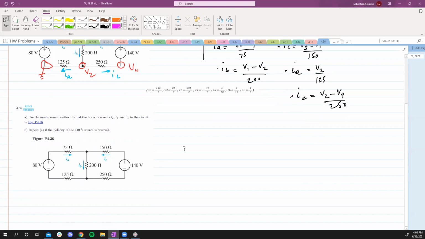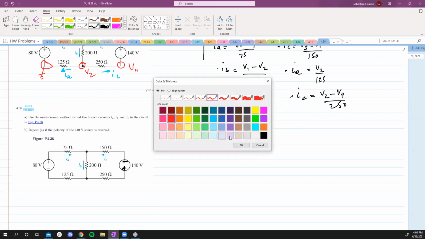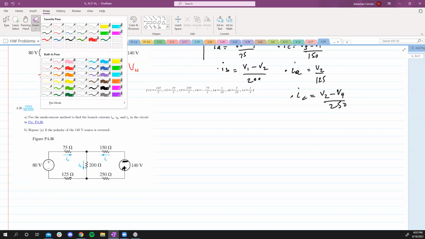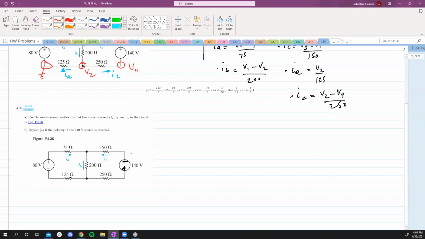Now I'm going to just draw over this. I'm going to make this a negative and then this a positive. Some values would just change, such as up here, the potential is negative.